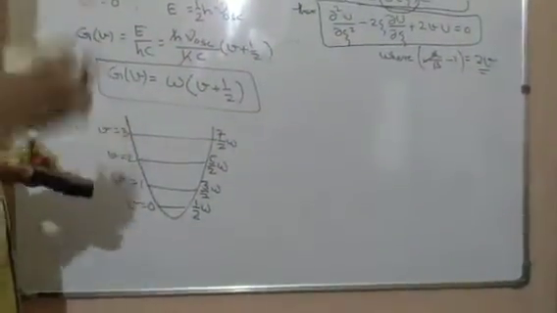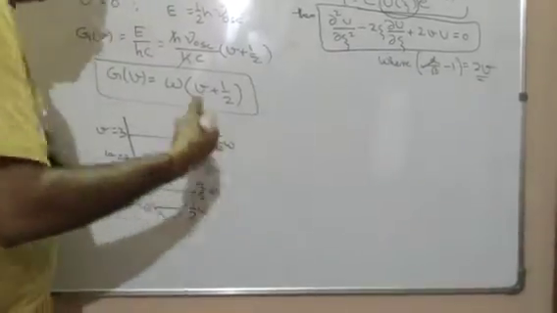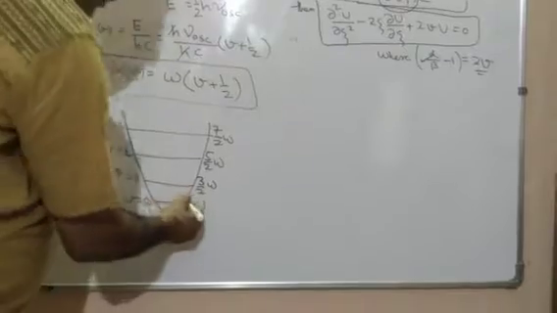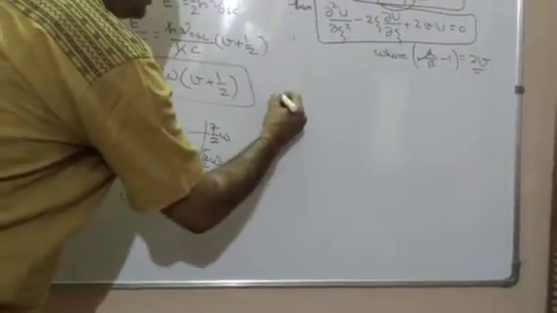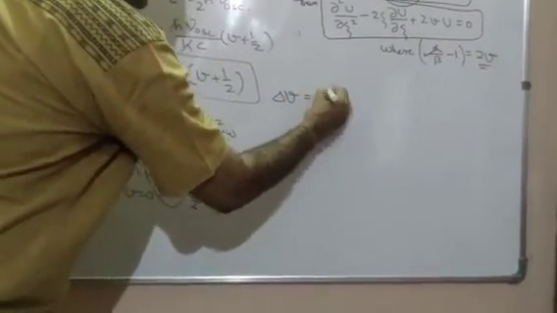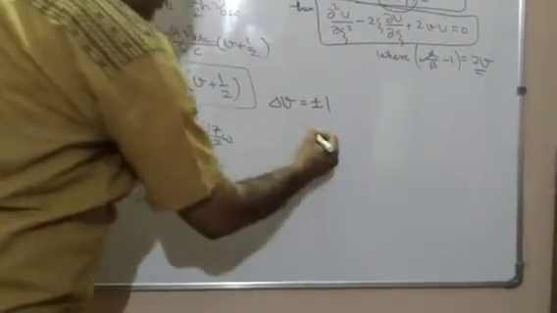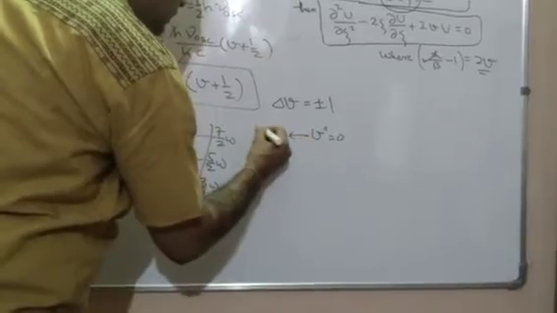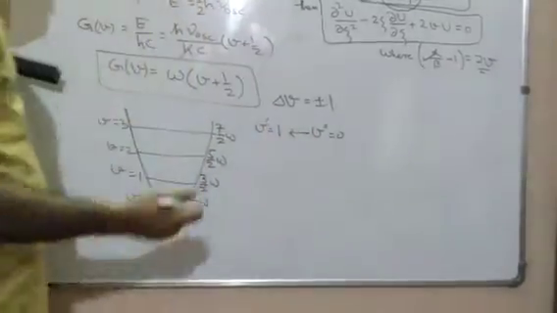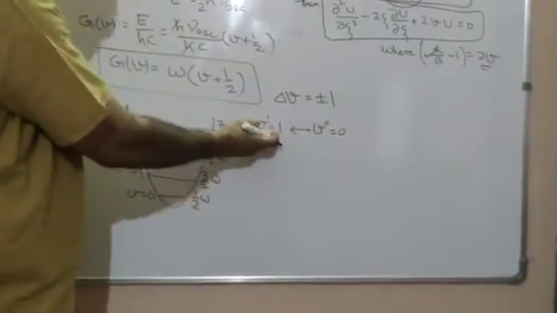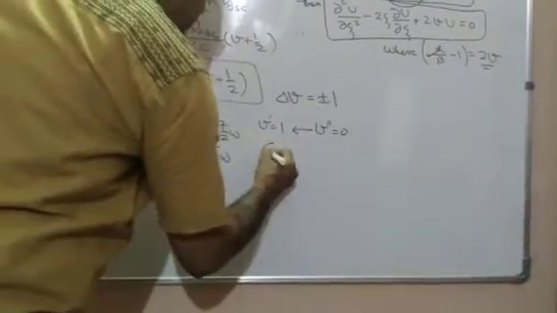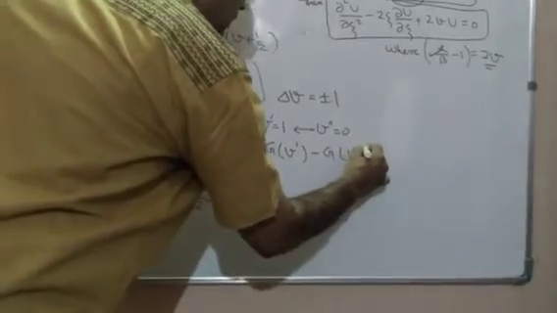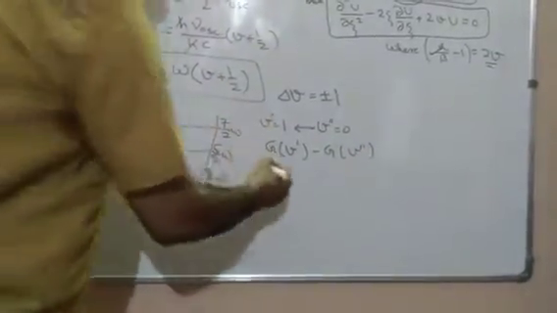If we want the separation, that is, the wave number, then we will take the transition. Suppose we have a transition from a lower level to a higher level, so what we will get? We will get G(v') minus G(v'').